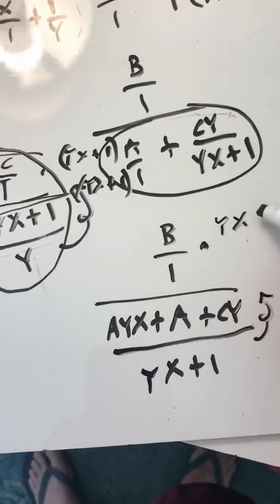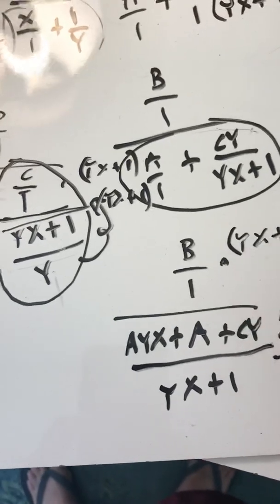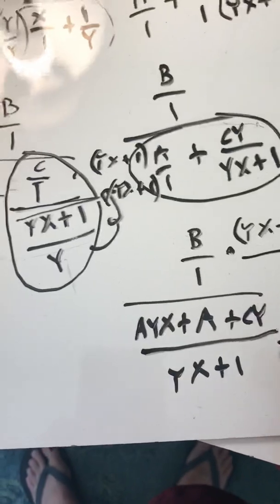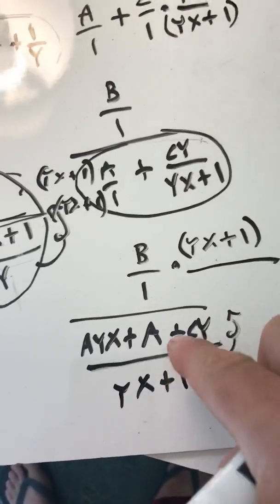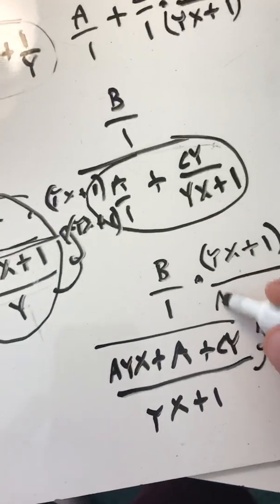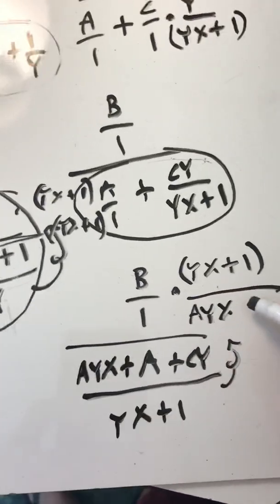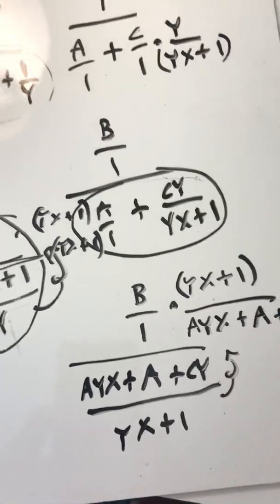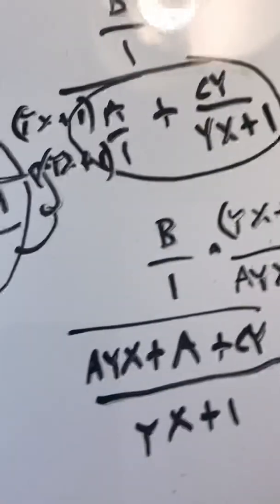So yx plus 1 in parentheses, because the b is going to have to be distributed to both terms. When you divide by a fraction, you flip the bottom one and multiply, right? So I'm flipping this up. And then in the bottom, ayx plus a plus cy. Right?